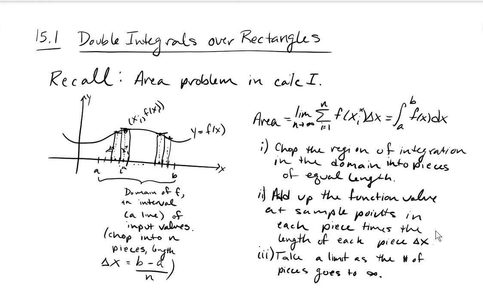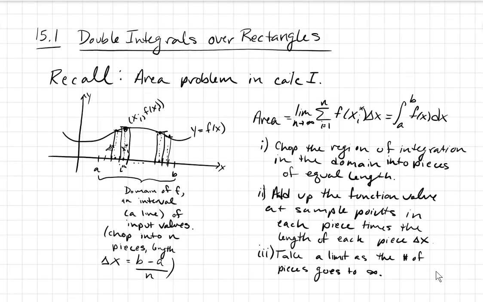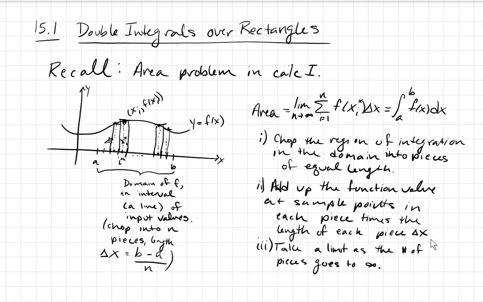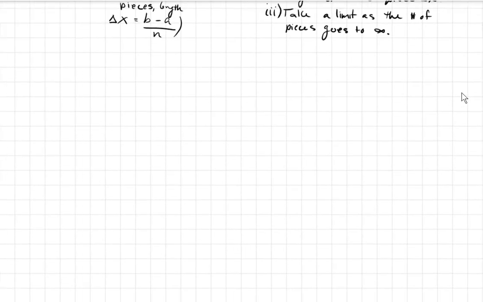Right, so that was the general procedure, and this is actually going to let us, maybe intuitively, define double integration, integration of a function of two variables over some region in its domain. So let's see that right down here before we go on to another video.